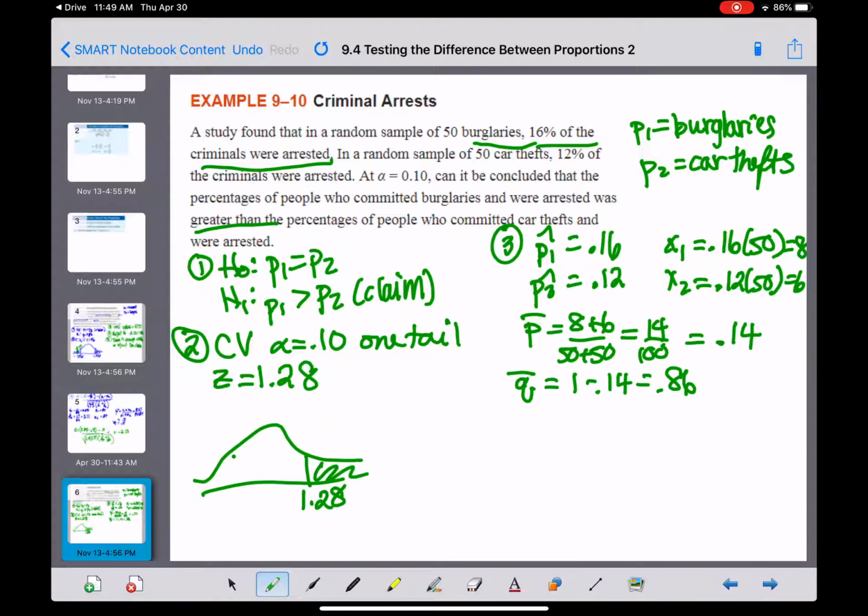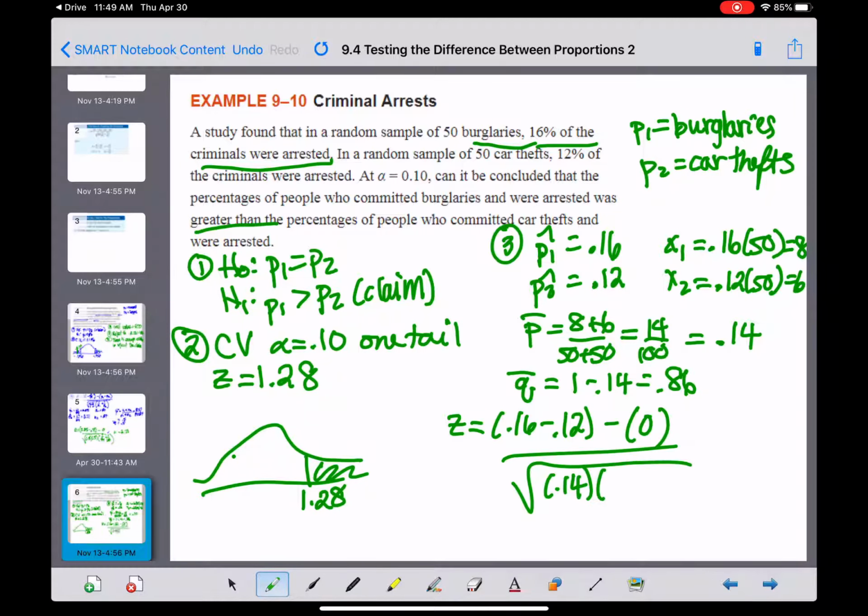Okay, so then we're ready for our z. We take 0.16 minus 0.12, P1 hat minus P2 hat, minus 0, over the square root of P bar 0.14 times Q bar 0.86 times 1 over 50 plus 1 over 50. So our z is 0.58.